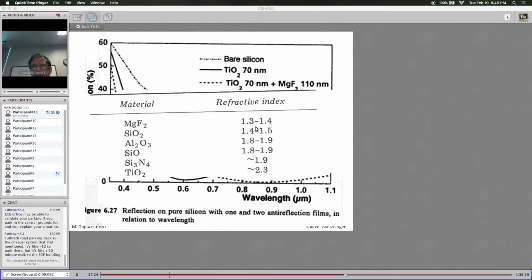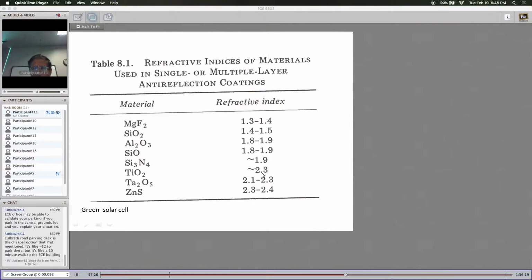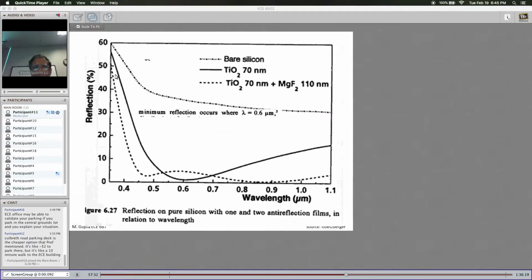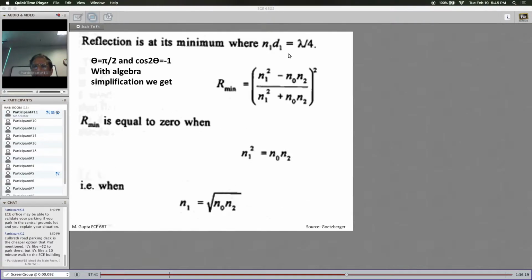Now we put a film with an index of 2.0, which is, let's say, 2.3, close. That's close. Okay. If you put a TiO2 film on top of silicon and you put 70 nanometers, that 70 nanometers comes from this equation.